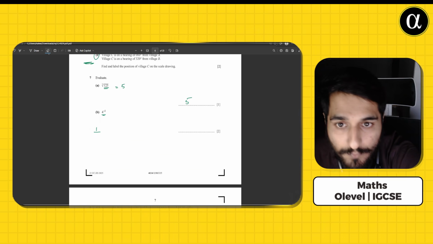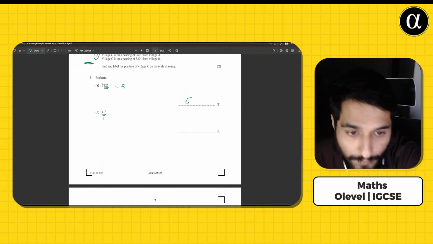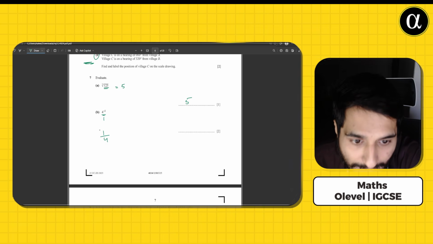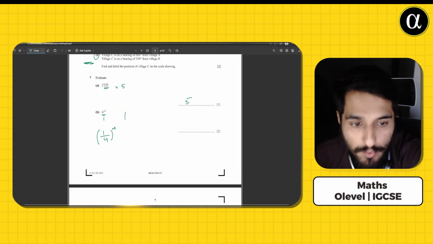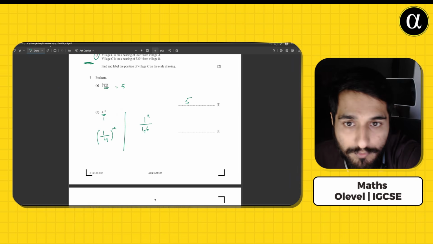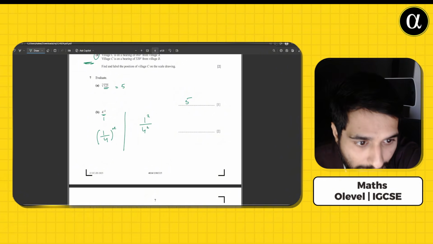Over here it's 4, which means it's supposed to be divided by 1, and since the power is negative, you're supposed to reciprocate, which will be 1 over 4, and then your power turns out to be positive 2, which means the square of this whole thing. Now the square means 1 squared over 4 squared. So this would mean this is going to be 1 over 16 for this case.